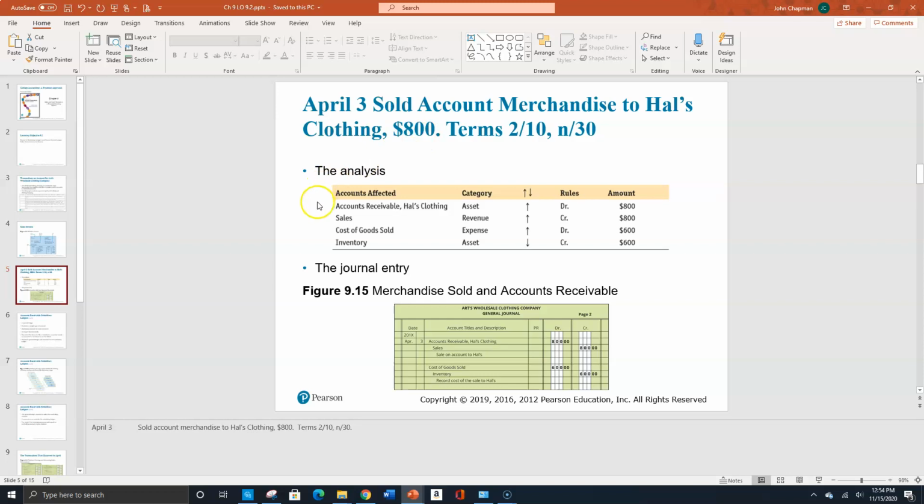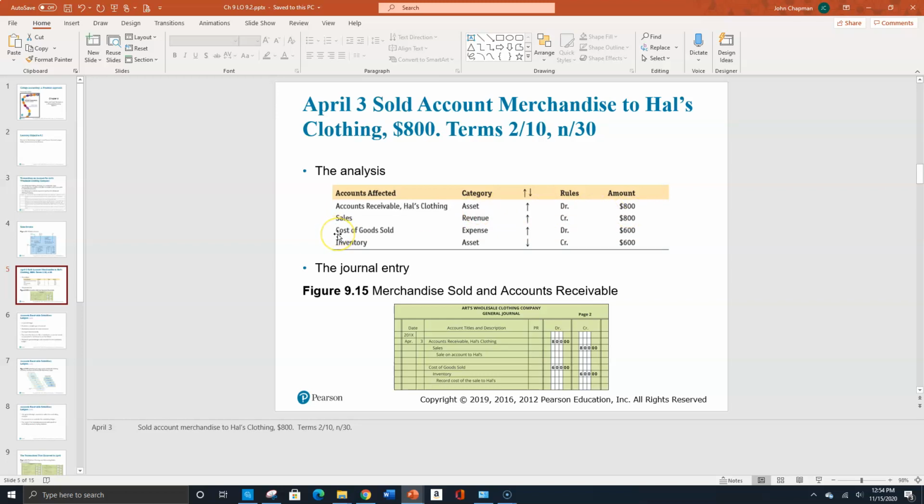So we have to record the sale. So we're increasing revenue, so we credited $800. And we're also increasing accounts receivable because Hal's Clothing owes us money. So we have an asset that we're increasing, so we're debiting.